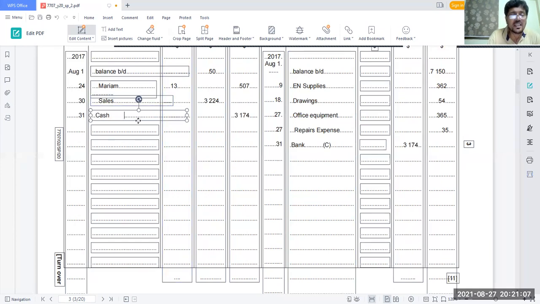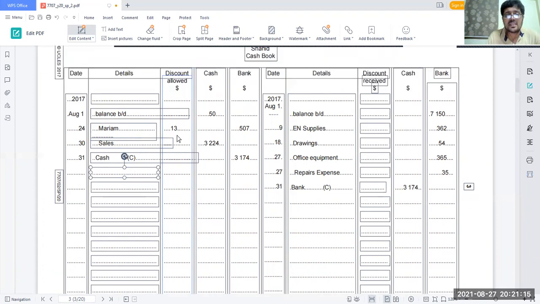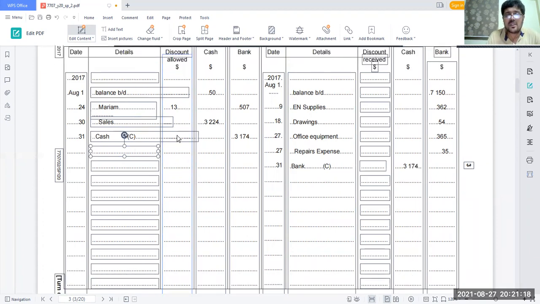It also requires a C entry. Done. Now, how much is left? This is the end of August. We know that the balance carried down on 31st August is how much? 100. We know that because only 100 is left.